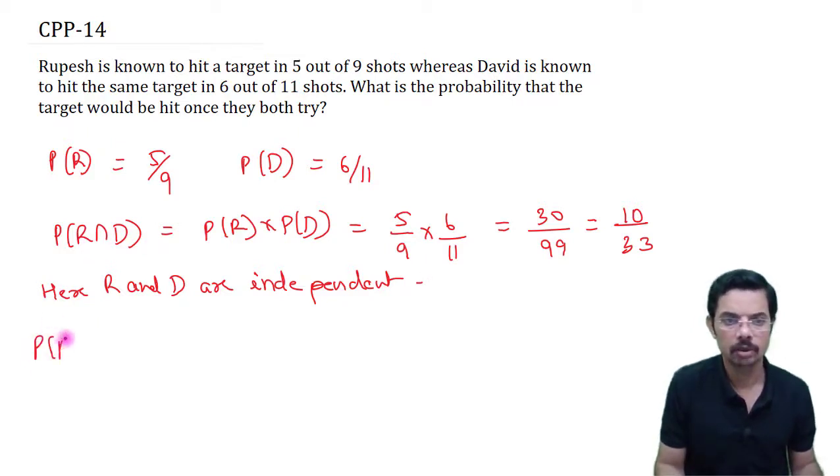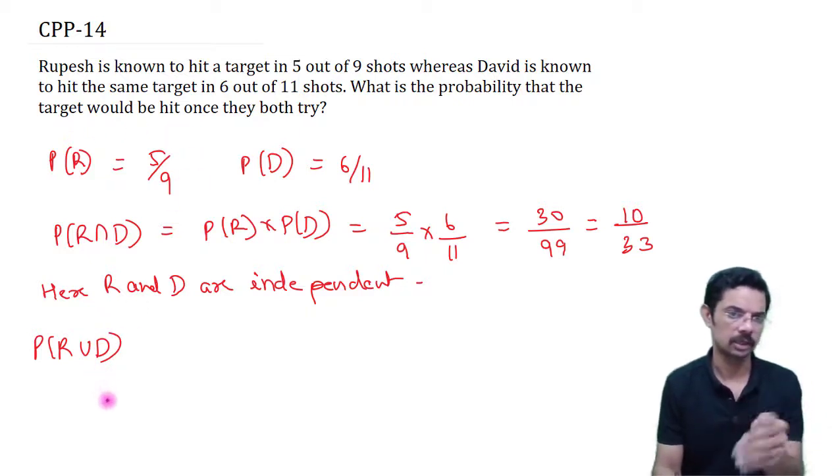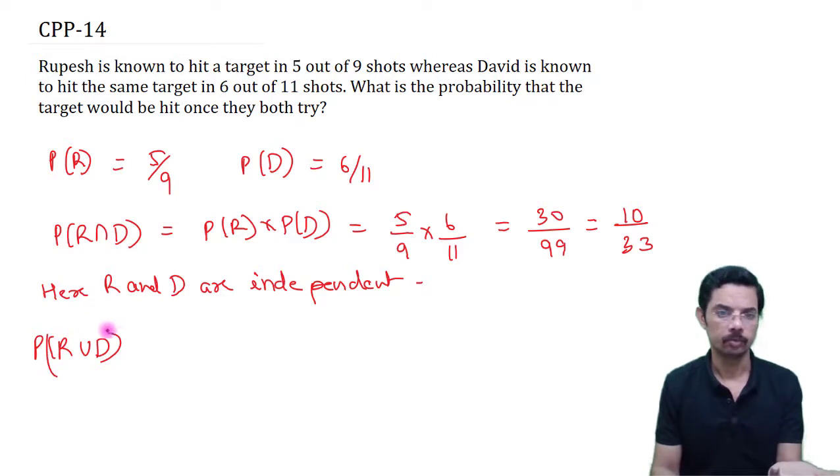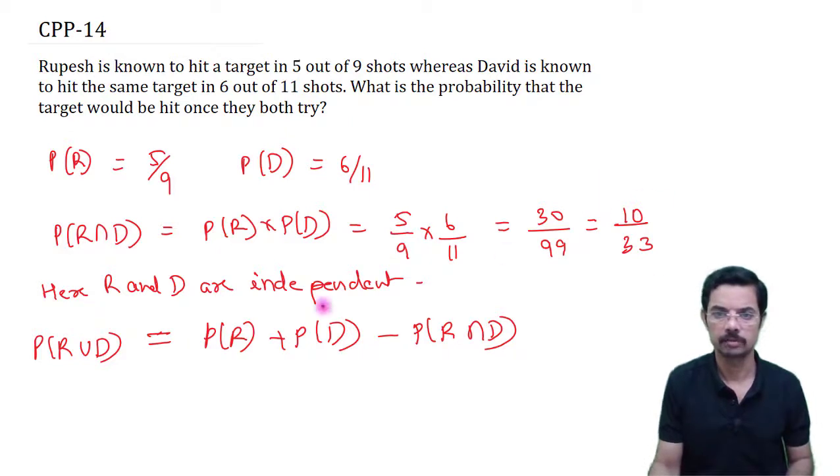Now probability of R union D, they hit the target at least once. Either the target is hit by Rupesh or it is hit by David. So that will be equal to probability of R plus probability of D minus probability of R intersection D, which we have found out as 10 by 33. So we shall put the values.